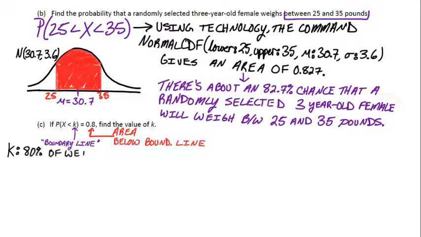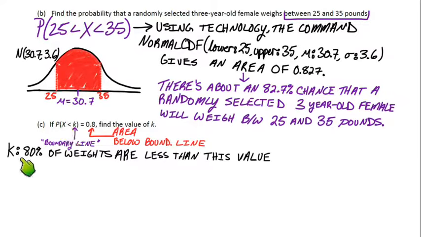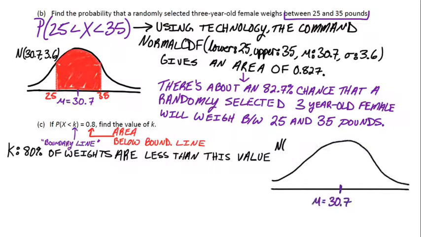So for K, we know 80% of weights, because that X would be the weights, are less than this value K. So it would be a major help if we could once more sketch this normal curve. We know the mean, we can label it, it's normal, mean, and standard deviation. If we could just sketch this one more time and try to estimate where we might mark this boundary such that 80% of the area is below it.